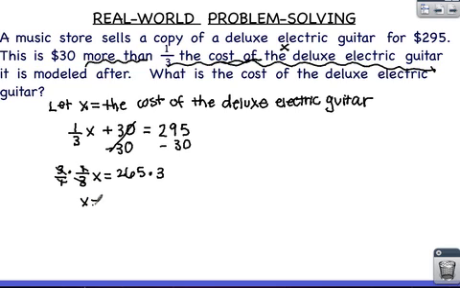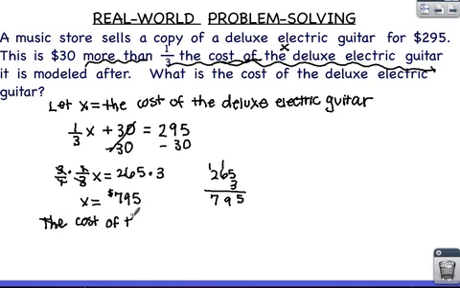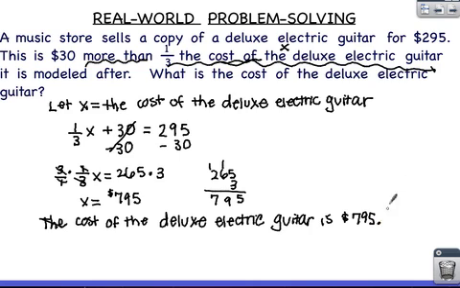And we're left with x equals 265 times 3, or 795. So, the cost of the deluxe electric guitar is $795.